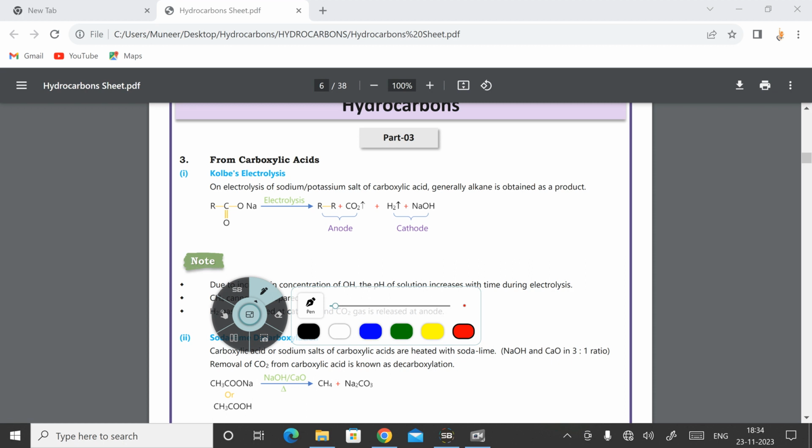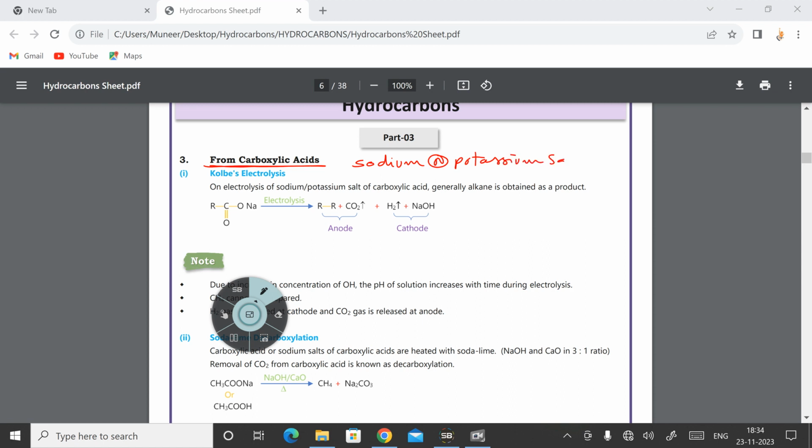Now, the first one, from carboxylic acids. The next preparation method is from the sodium or potassium salt of a carboxylic acid, in aqueous concentrated solution.